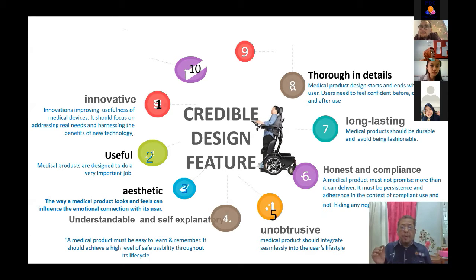Try to look where failure can occur and try to combat that problem. So be very thorough. You look at it, see where it can fail and redesign it again so that it won't fail. So be very thorough in all the details.